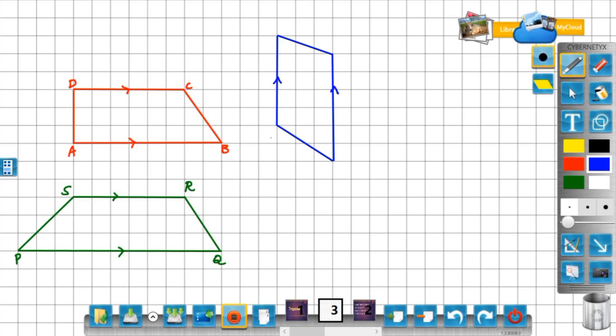Mark the parallel lines with arrow. This is a trapezium WXYZ. Parallel sides are WZ parallel to XY, and ZY and WX are non-parallel sides.